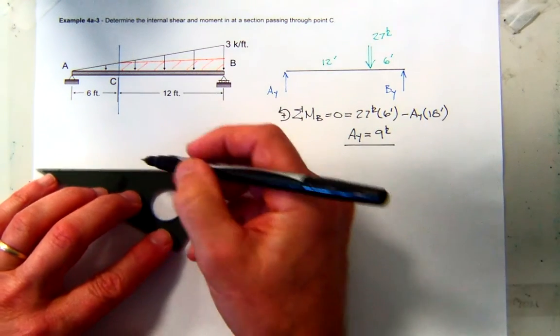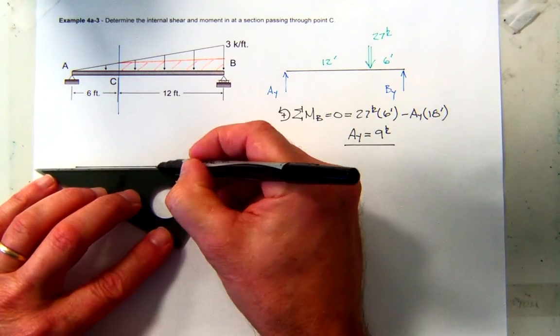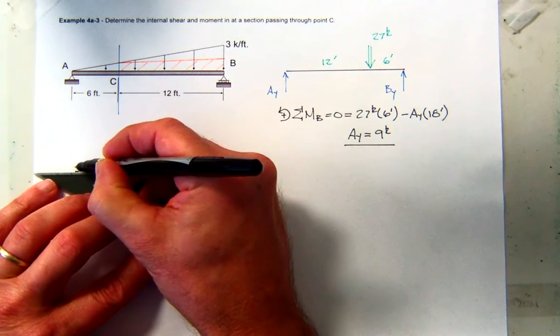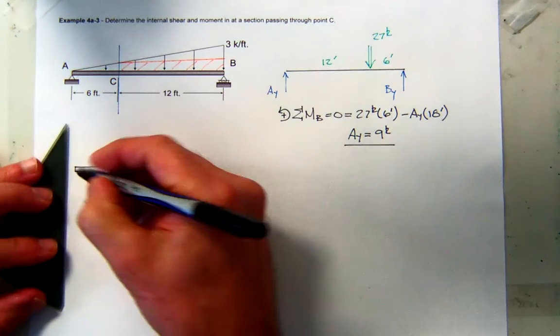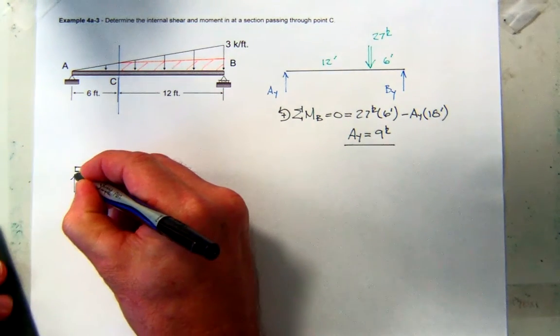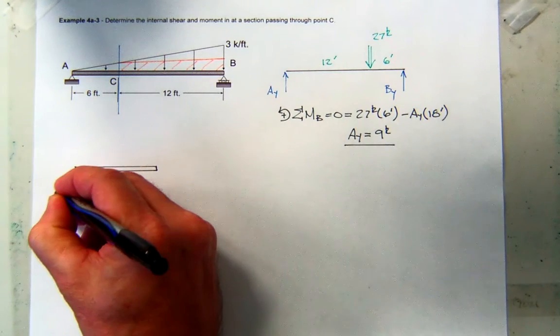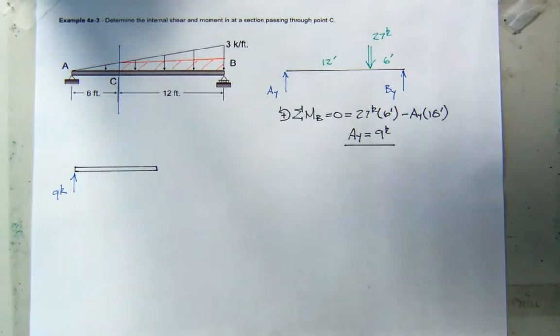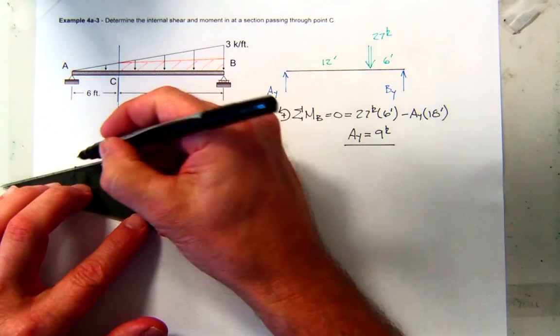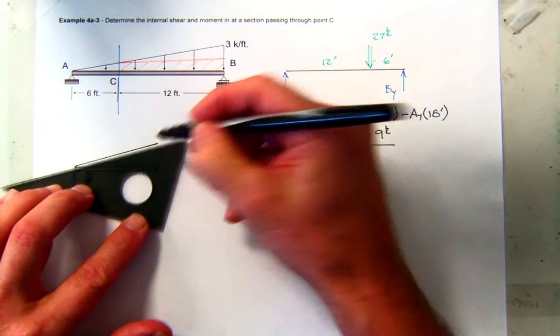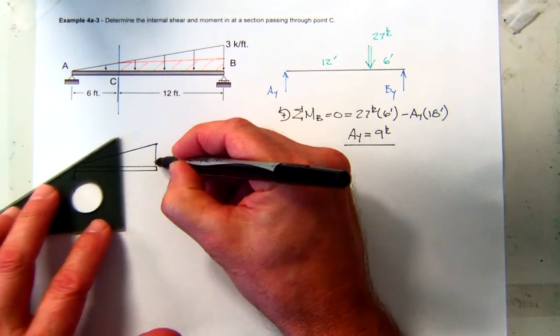Now I'm going to look at this left-hand side. I'll make it a little bit larger so we can see it. I will put on the reaction I just found. I assumed up and got a positive answer, so it is up 9 kips. I'll sketch in the triangular portion of that piece.